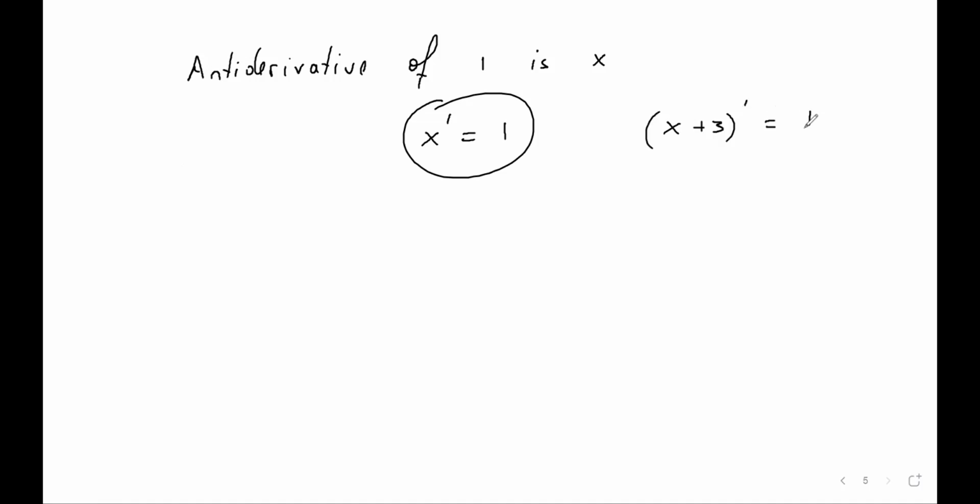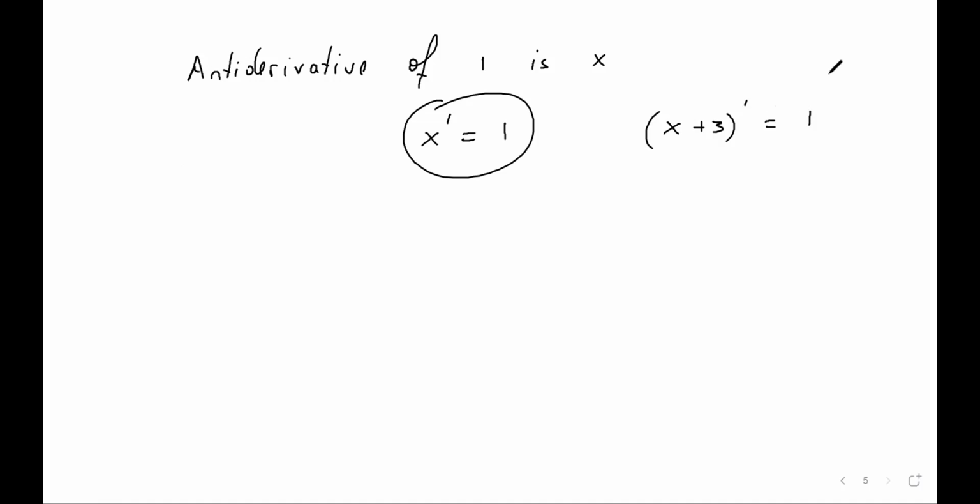The antiderivative of 1, we said, is x. But what that really means is that x prime is 1. But is x the only thing whose derivative is equal to 1? For example, wouldn't x plus 3 primed also be 1?